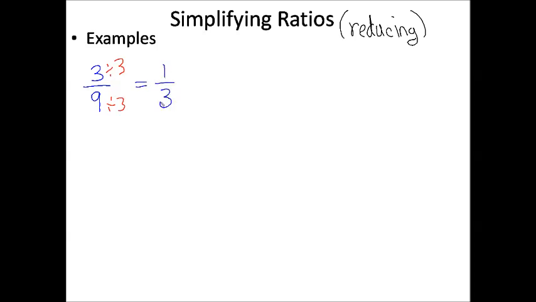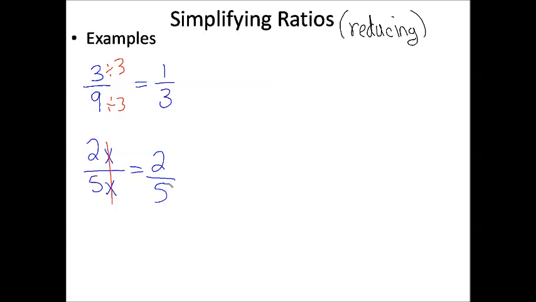We're going to be doing this with variables. If you have x over x, the x's cancel. And you get 2 over 5.